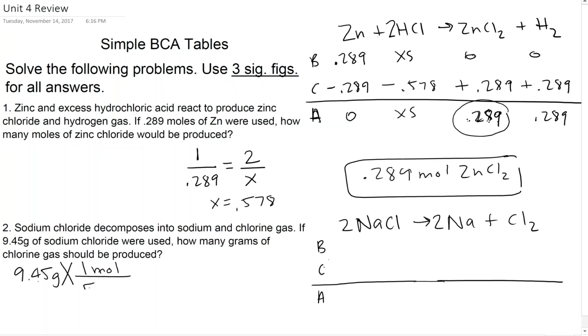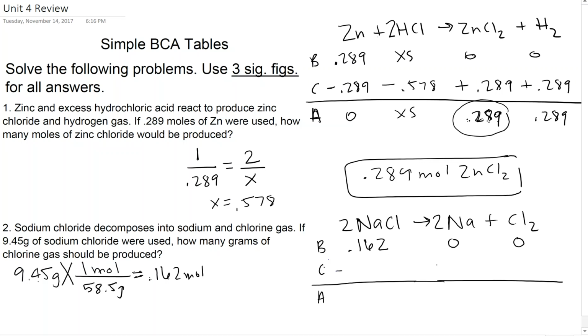NaCl added up off your periodic table is 58.5 grams. When we do that math, we get 0.162 moles. So that is our starting number that goes into the BCA table under NaCl. We know that we always start with 0 moles of our products, and now we're ready to begin filling out the rest of the table.